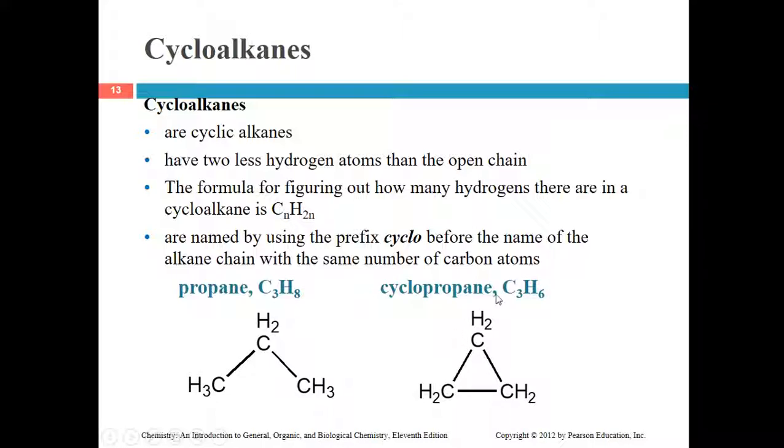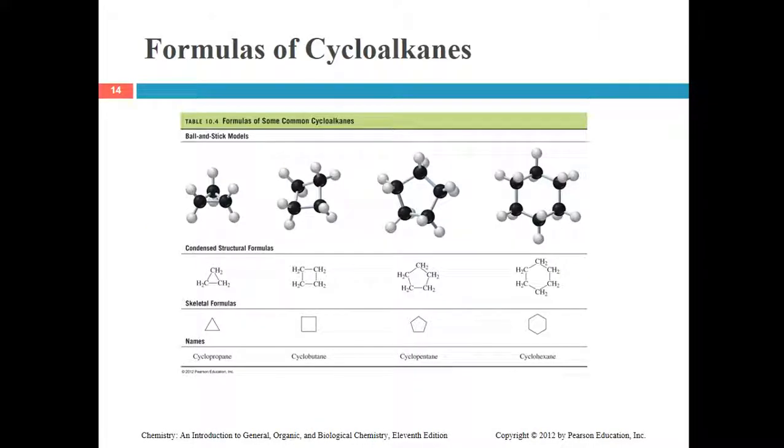So cyclopropane is a cyclic compound. So if there's 3 carbons, there are 6 hydrogens. Whereas propane, for the 3 carbons, we have 8 hydrogens. When we name it, we are going to say cyclo, and then however many carbons, and then single bond. So cyclopropane.